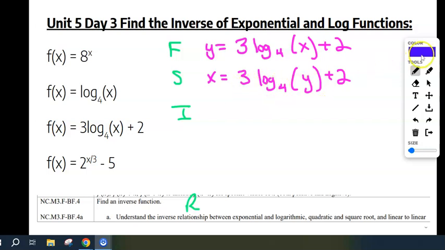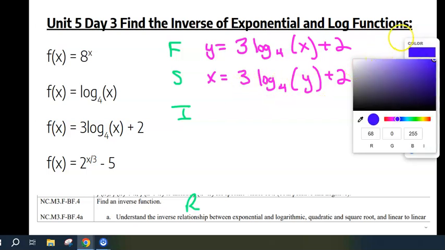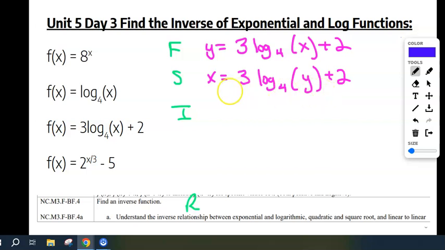So if I ask you right now what the base is, what would be the base? Definitely a 4. What would be the exponent right now? According to the rule, a log statement is always equal to the exponent, so the exponent is x. The number on the other side is the y. Do we have any extra numbers?